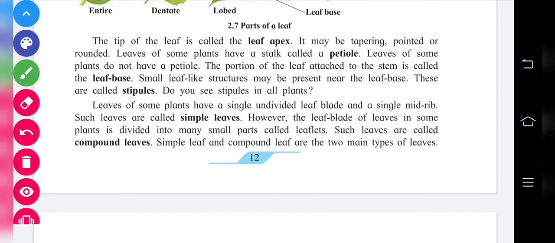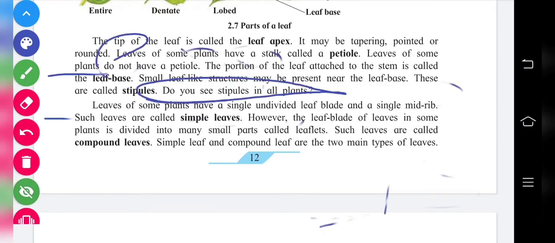Where is the leaf blade? You already know that a leaf blade is the broad, pointed structure, that is called a leaf blade. So the leaf of some plants has a single leaf blade and a single midrib. Such leaves are called simple leaves.